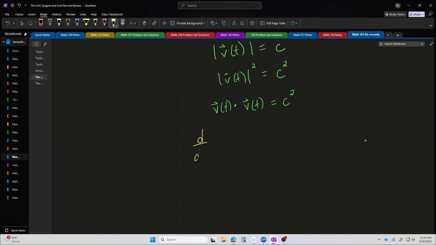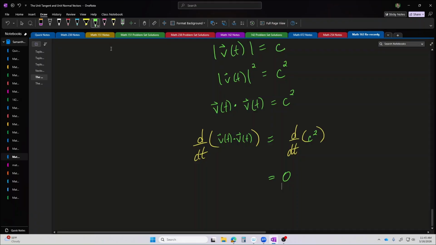And now that I've written that out, let me go ahead and apply the derivative with respect to t to both sides of this equation. Now on the right side of this equation, since I'm taking the derivative of a constant, the result of that is for sure going to be 0.